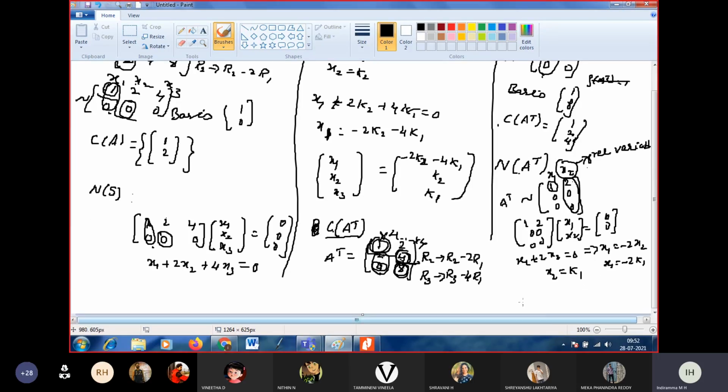Now write in solution form: the solution matrix x1, x2 equals minus 2 k1 and k1. Taking k1 common, minus 2 and 1. So we obtain the left null space as k1 times minus 2, 1. Is it clear? And this is the basis for the left null space.